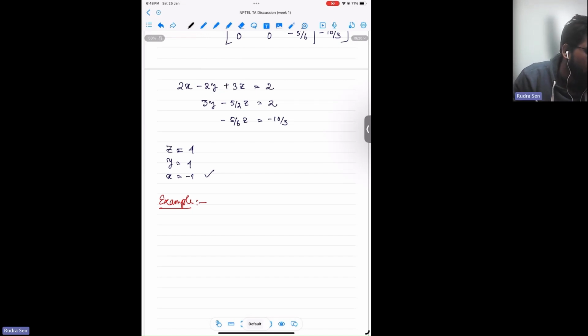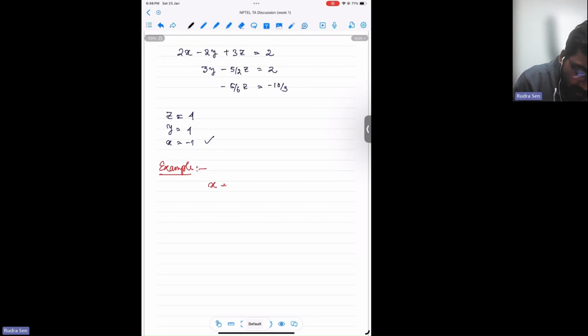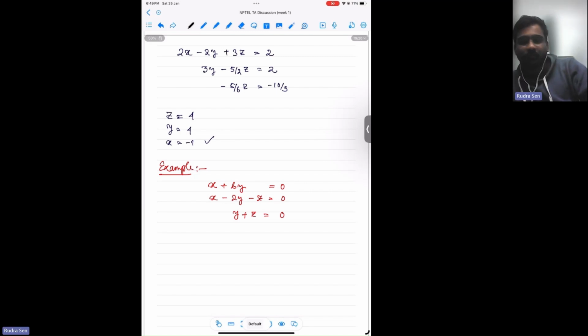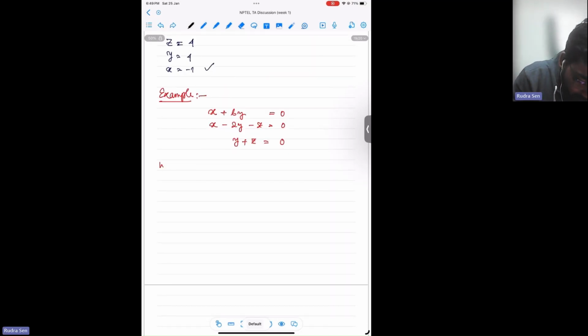So it says, x plus by equals 0, x minus 2y minus z equals 0, and y plus z equals 0. It asks which number b leads latter to a row exchange.